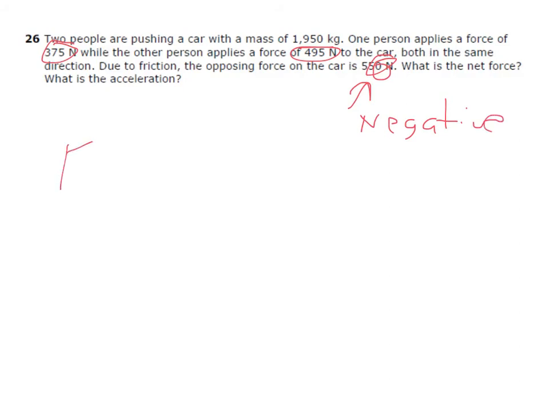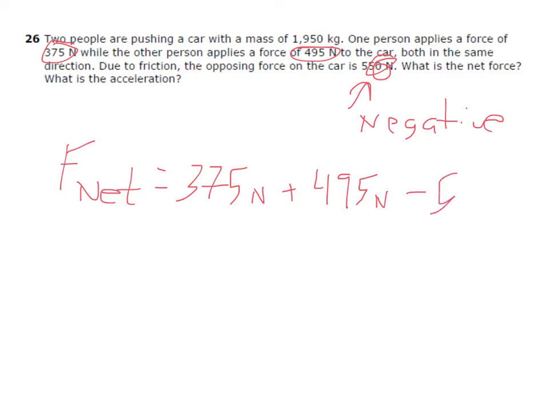So the net force, we can just add them up, is equal to 375 newtons plus 495 newtons minus 550 newtons. When we add all those up together, we get 320 newtons. So that's causing the car to move.